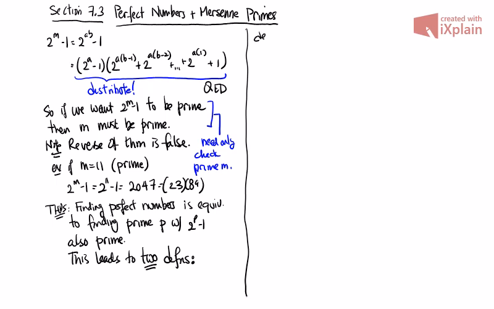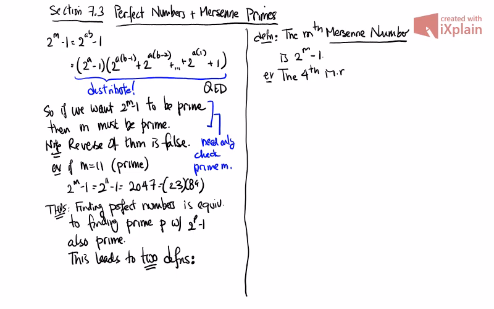The first definition: the mth Mersenne number is just 2 to the m minus 1. So for example, the fourth Mersenne number is 2 to the 4 minus 1, which is 15.